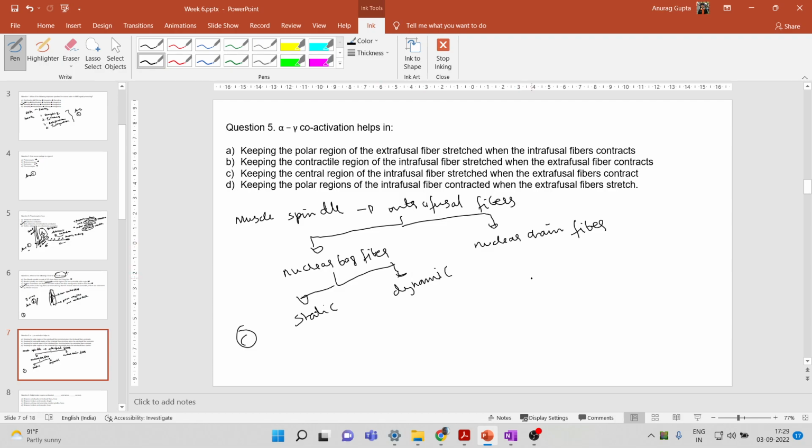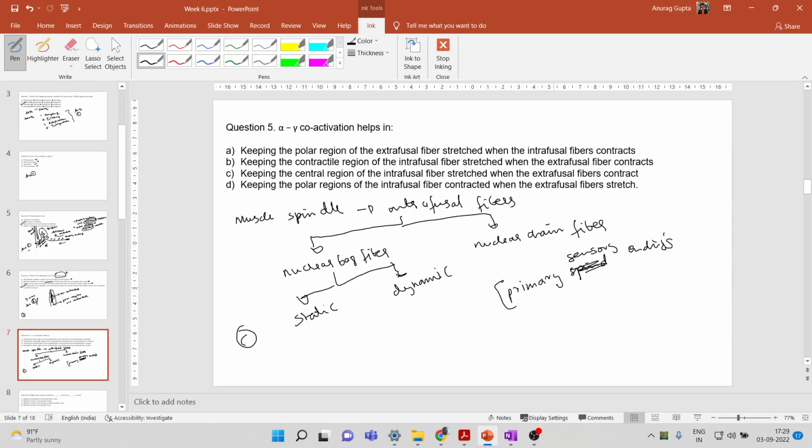Again, there are two types of proprioceptors. One has primary spindle endings or primary sensory endings, and these innervate all three types: static, dynamic, as well as nuclear chain fibers.